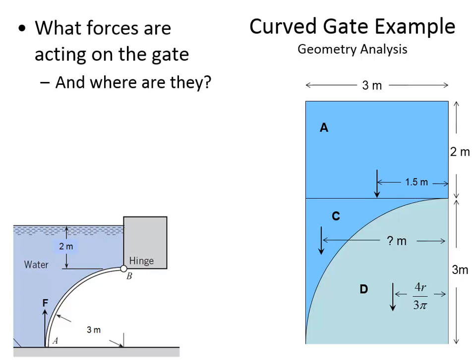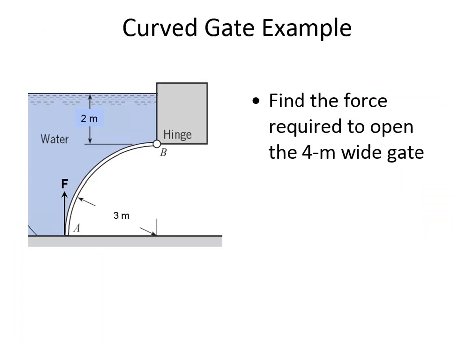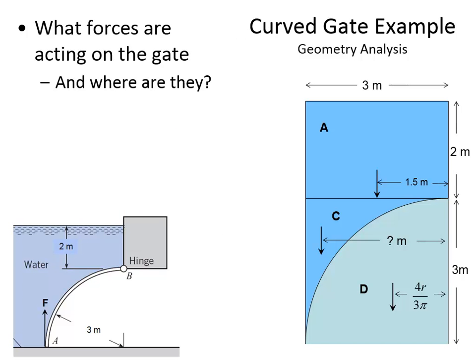The distance is 2.33 meters. So it makes sense that it's going to be further over to the left than 1.5. So the center of pressure for this is 2.33 meters. All the way over would be 3 meters. So it is 2.33 meters from one edge to the other.